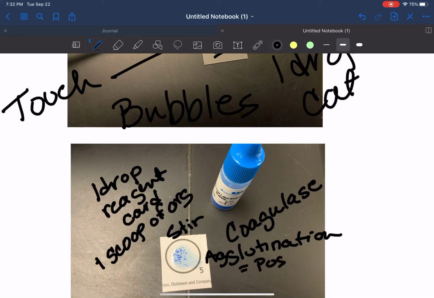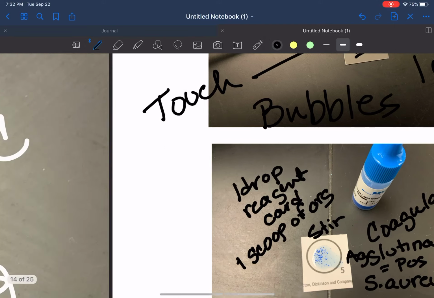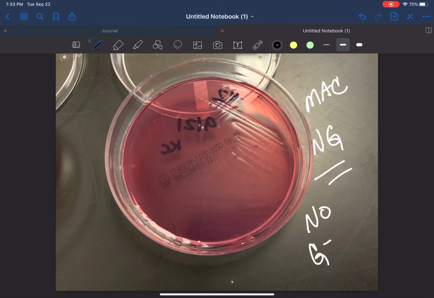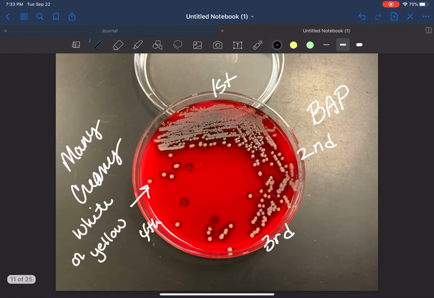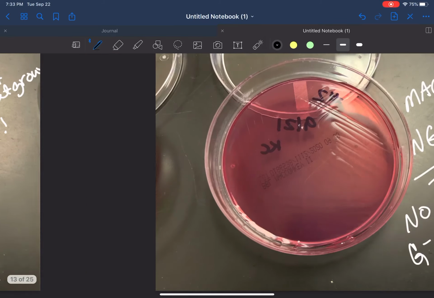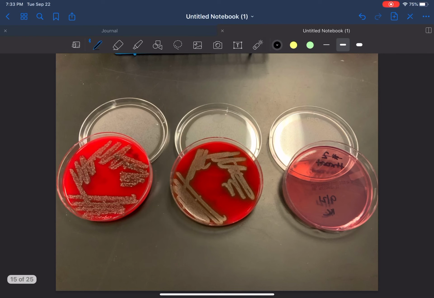So what is our organism? Staph aureus. So number 1 organism has been identified as Staph aureus.